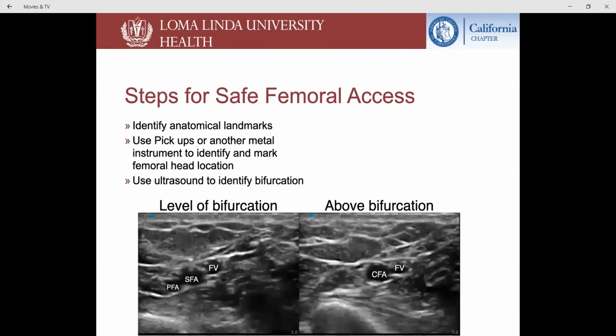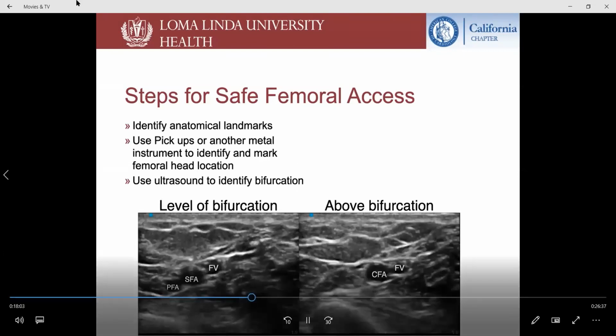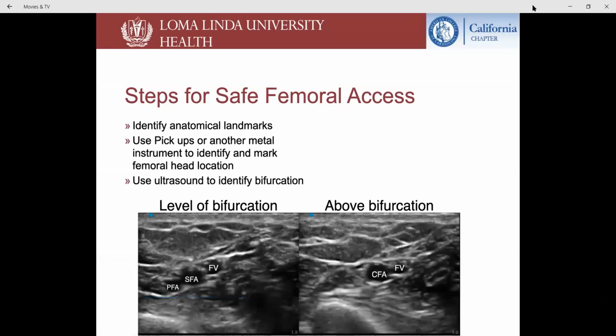Next, you're going to use ultrasound to identify the bifurcation. You mark where the femoral head is, and you put the ultrasound there. You scan down toward the feet until you see the bifurcation from the CFA to the superficial femoral artery and profunda femoris, as you can see on the left picture. Next to it, you see the femoral vein.